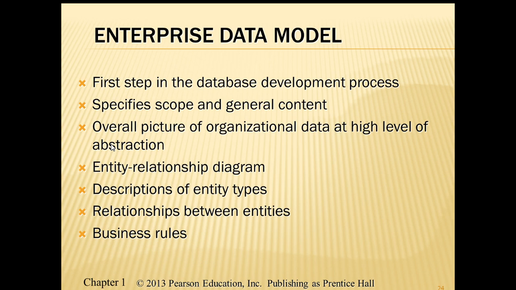We also want to make sure that we identify the relationships between those entities and define them correctly in terms of the cardinality, the one-to-one or one-to-many, and how to resolve that many-to-many. And of course, the descriptions of the entity types, and the business rules, which are going to be very, very important. Again, we'll cover that later on in the term.